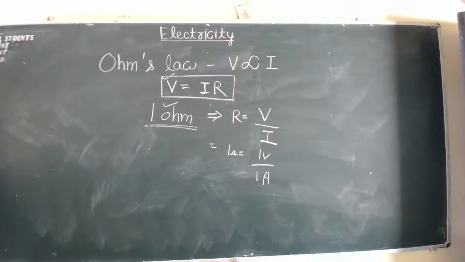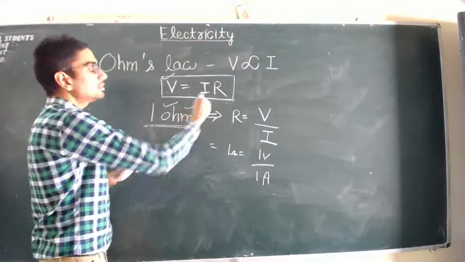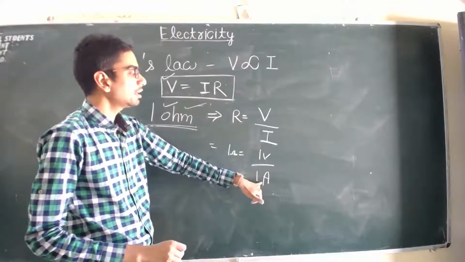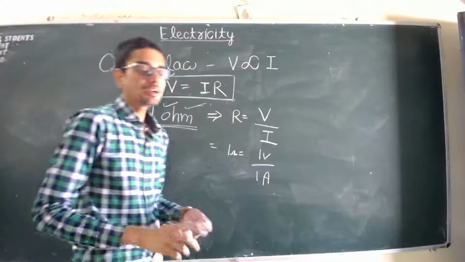If any doubt, you can ask. So, nobody has written what is 1 ohm. 1 ohm is the resistance when potential difference is 1 volt and current is 1 ampere. Simple. In a circuit, in a conductor.